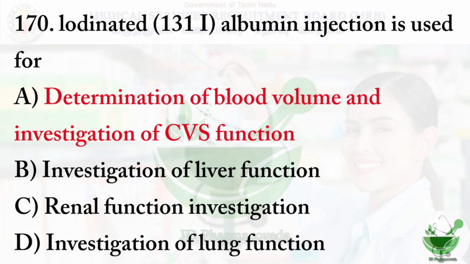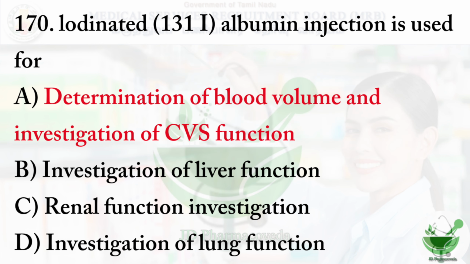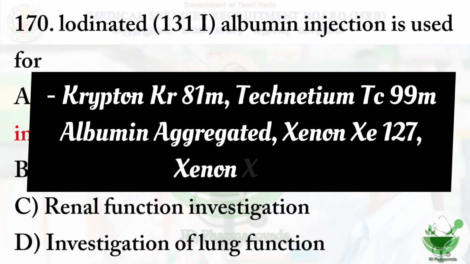For renal function: iodohippurate sodium I-123, iodohippurate sodium I-131, iothalamate sodium I-125, and technetium Tc99m gluceptate. And for lung function, krypton Kr81m, technetium Tc99m albumin aggregated, xenon Xe127, and xenon Xe133 are used.